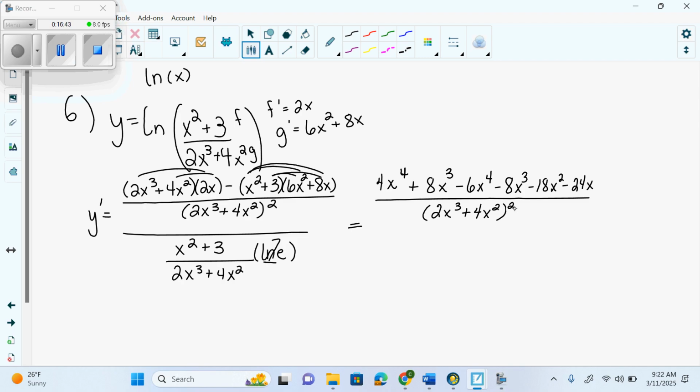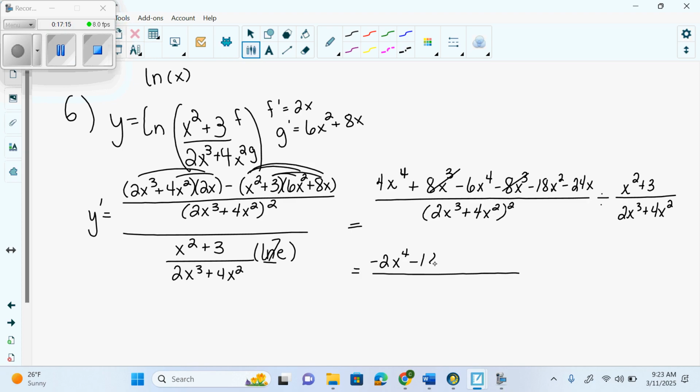And then technically it's divided by, remember when we have stacked fractions, you can write them sideways instead, x squared plus 3 over 2x cubed plus 4x squared. Collect like terms on the top. I'm going to get 4x to the 4 minus 6x to the 4 is negative 2x to the 4. These cancel.